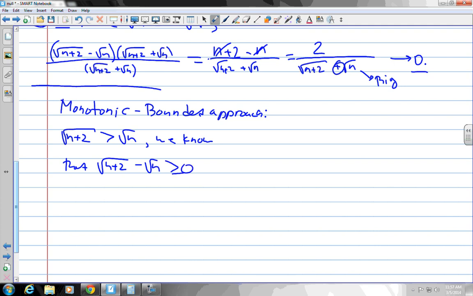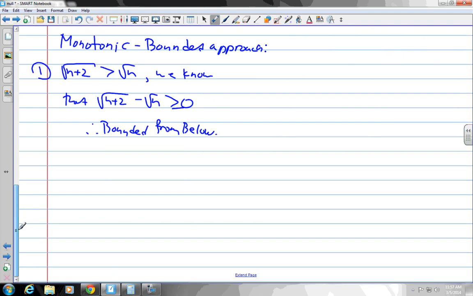It stays positive, not negative. So it's bounded by 0, it's bounded by negative 5, all that I care. It's bounded, right? Bounded from below. So therefore, bounded from below.